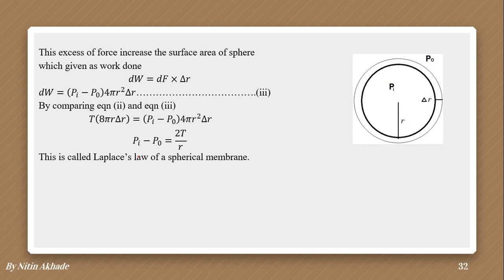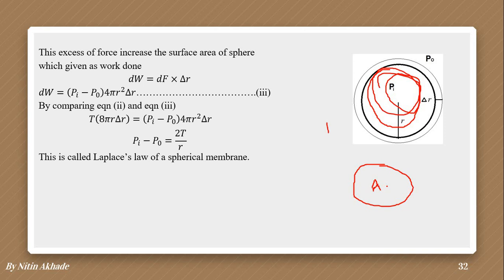What about the drop? In case of a drop, the inside portion will be filled with some substance other than air. So for the free surface of liquid in such a drop, we have only one surface. But in case of a bubble, it will be hollow. So in case of a bubble, inside is also air, and outside we also have air, but still there is an excess pressure.